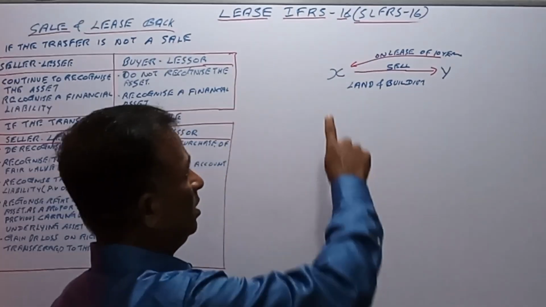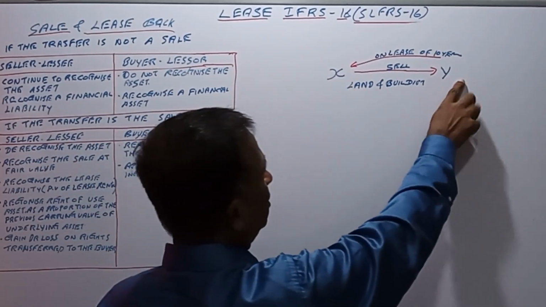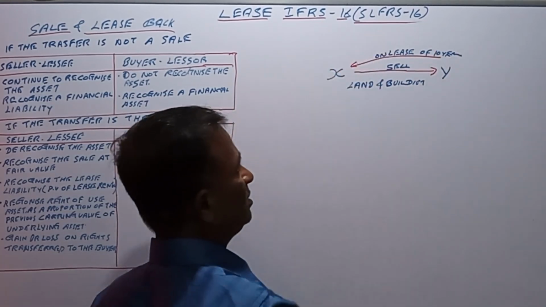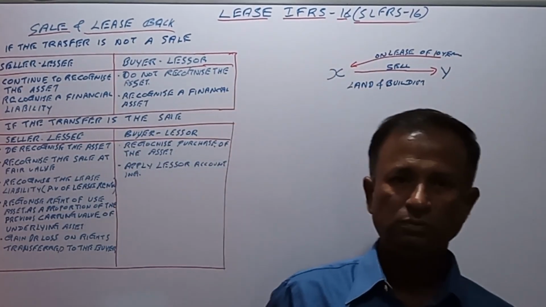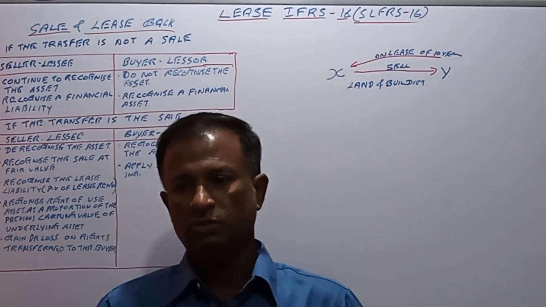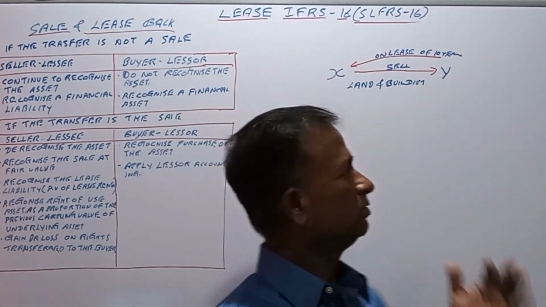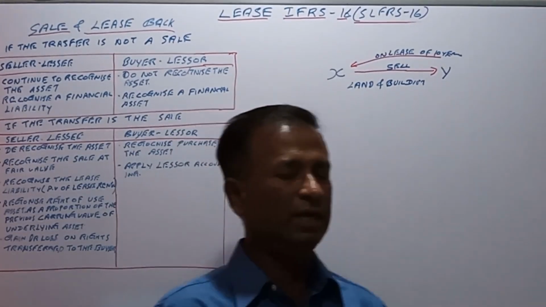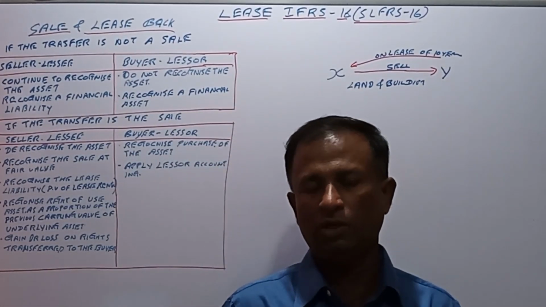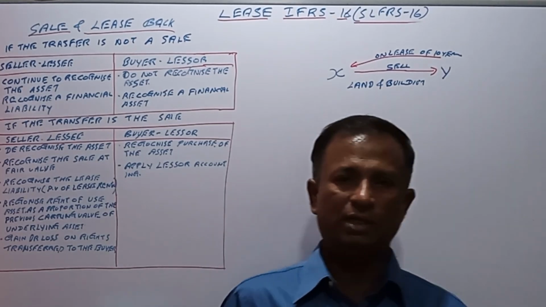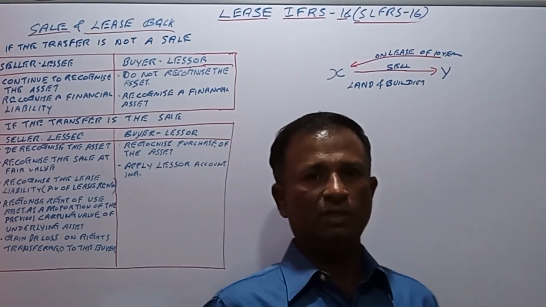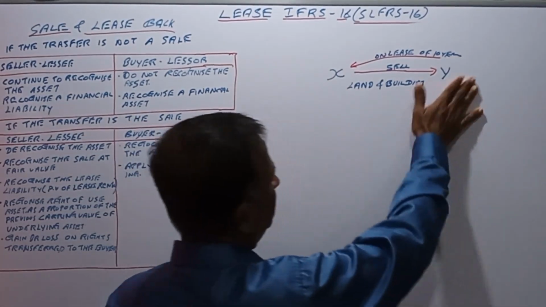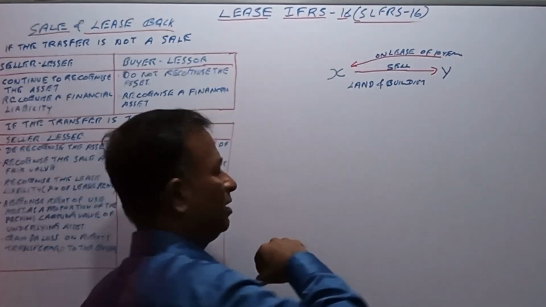He sold it to Y and leased back the same property, right? He sold it and leased it back because he doesn't want to sell it to anybody, but he wants the money for the capital, to infuse money into the capital. So for that purpose he sold it and leased it back.